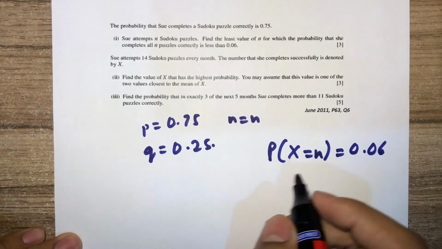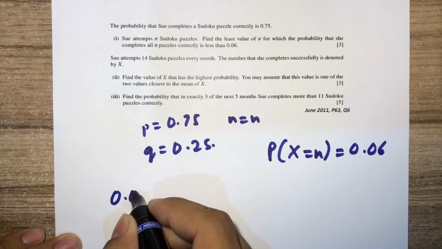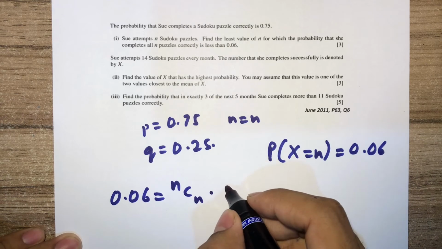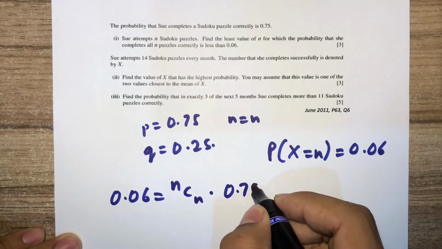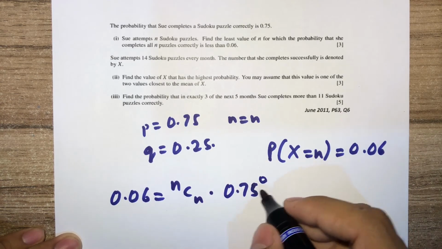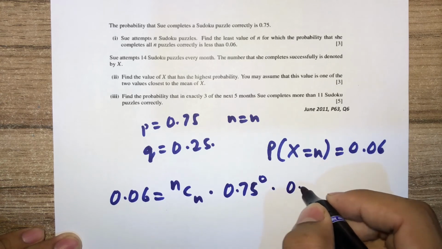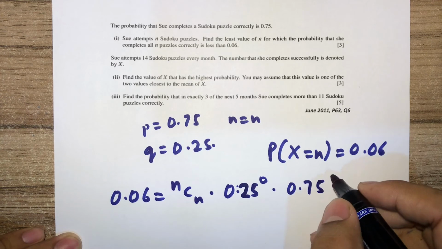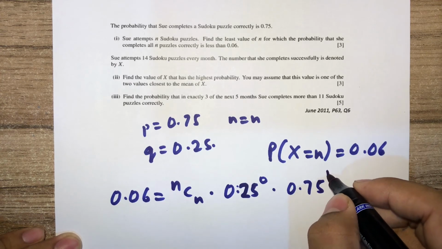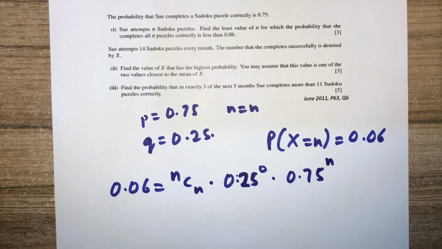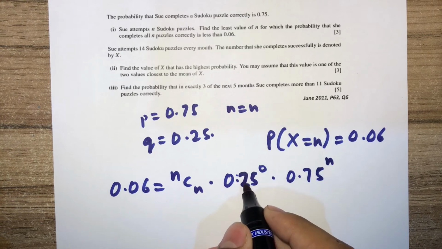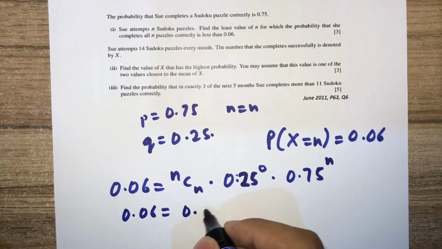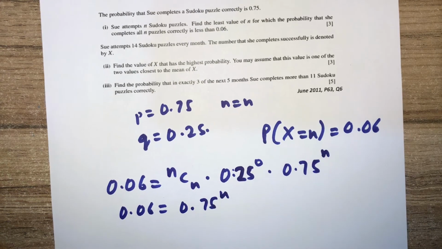So the probability that x equals n is 0.06. Okay. So now 0.06 equals nCn times 0.75 power 0, because n minus n is 0, times 0.25 for failures, and then 0.75 for the successes, power n. nCn is 1, 0.25 power 0 is 1, so 0.06 equals 0.75 power n.